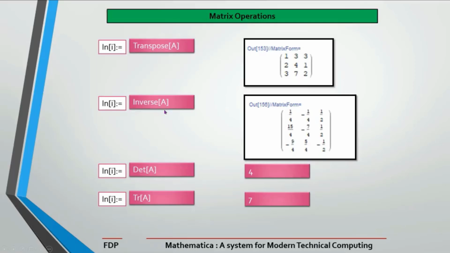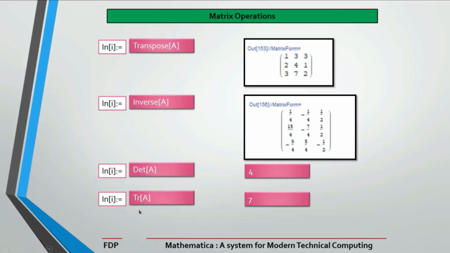You can do the inverse also. A direct Inverse function is there, Inverse of A, then you will get your answer. For the determinant of A, you just put Det, Det only, not Determinant, and you will get your answer. Another one is TR, for trace, so you can find the trace also, but only TR is used.